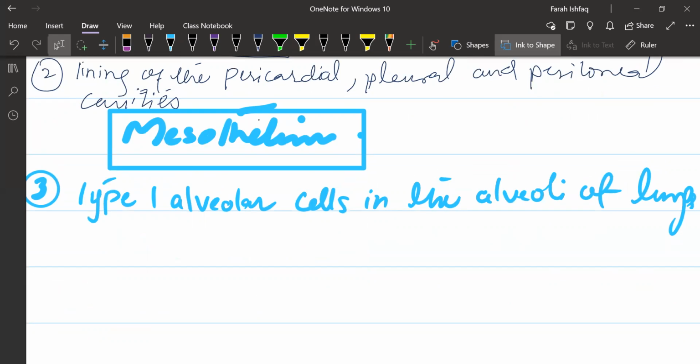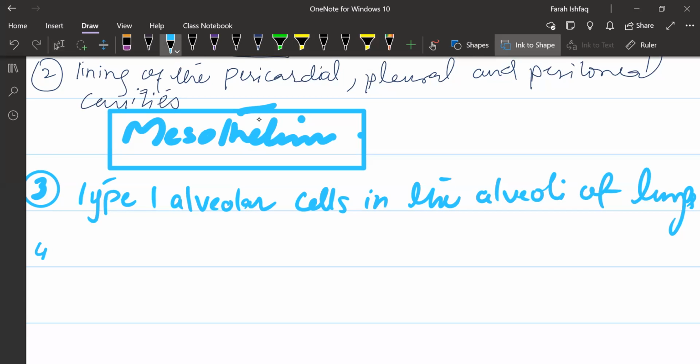So if the examiner asks you where the simple squamous epithelium is present, you can say that it is present at sites where rapid diffusion of gases, water, and water-soluble molecules is required. So these locations are the blood vessels, the lining of the pericardial, pleural, and peritoneal cavities, and the type 1 alveolar cells in the alveoli of the lung.